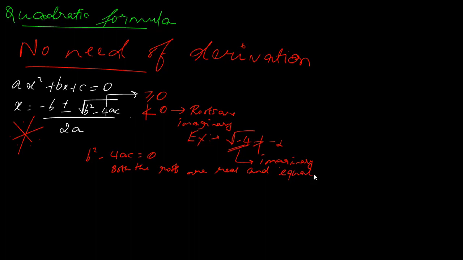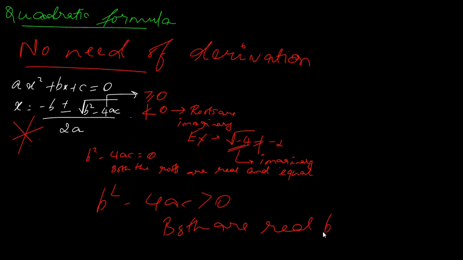Clear with this. If this b square minus 4ac is greater than 0, then both the roots are real, but they are not equal.